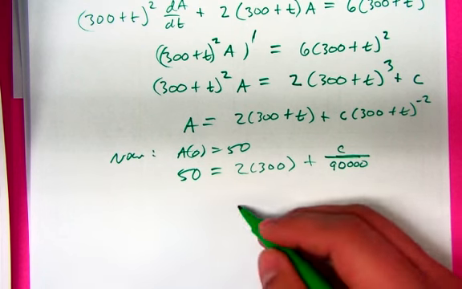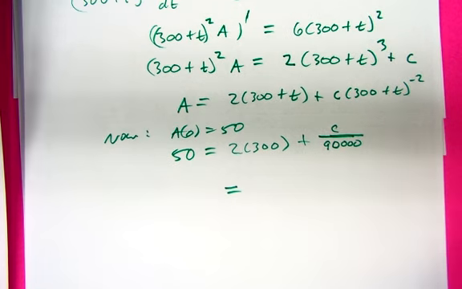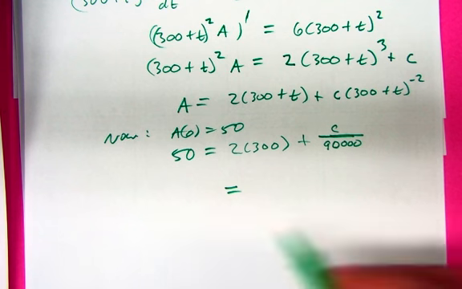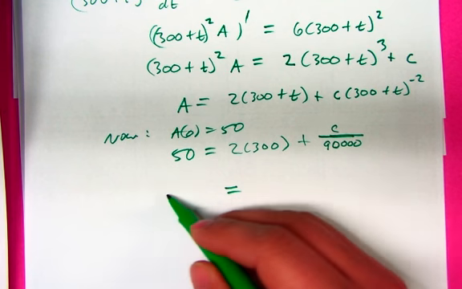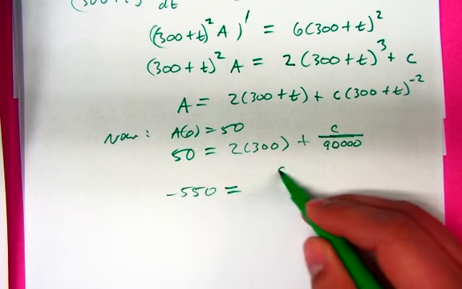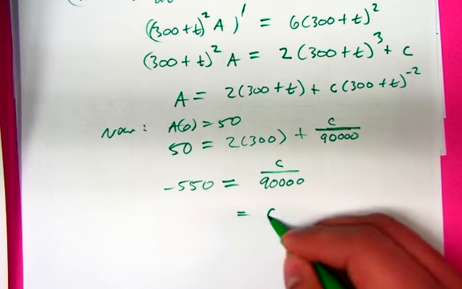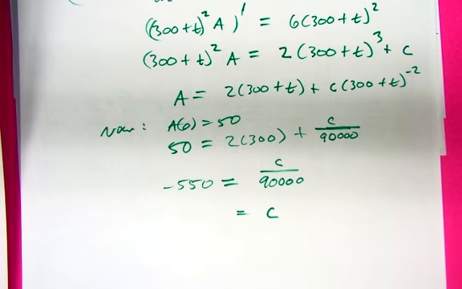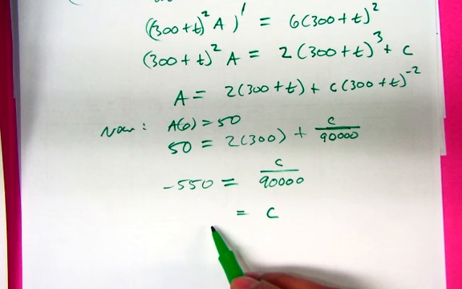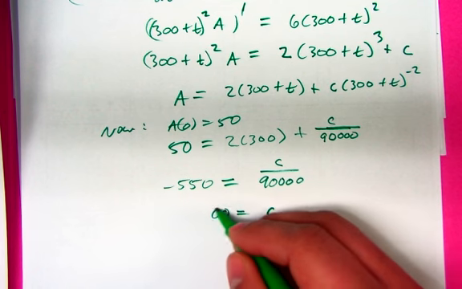You guys can help me out if you want. Just doing stuff in my head. What is this? Negative 550? So then this is going to be 495 with 1, 2, 3, 4, 5 zeros. Is that right? Yeah.